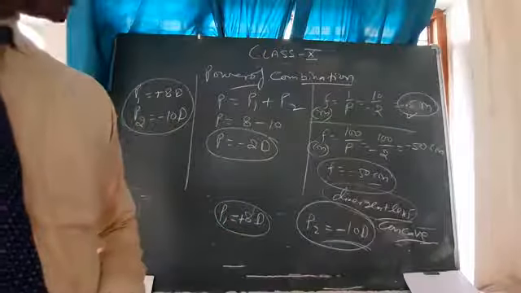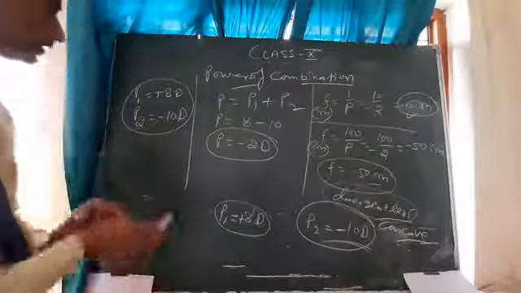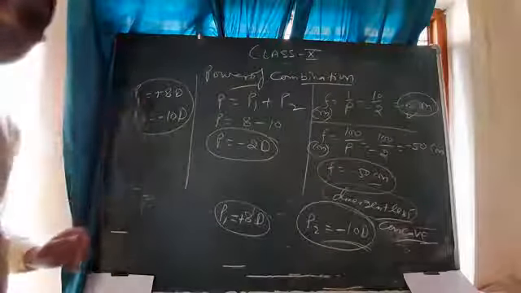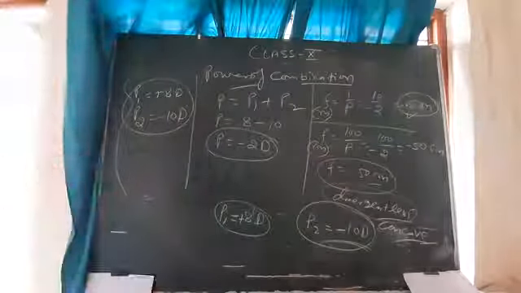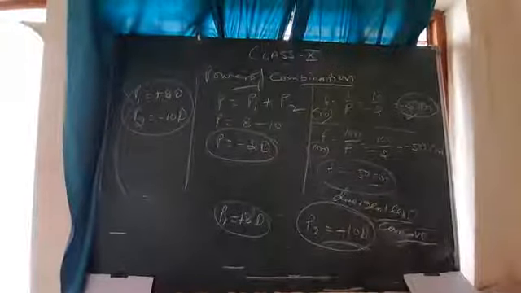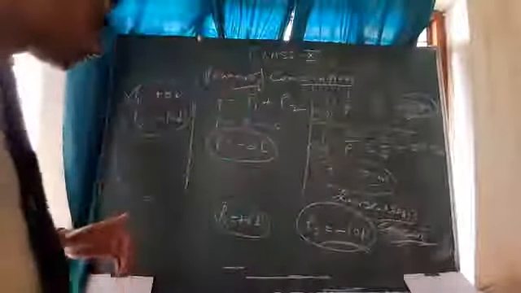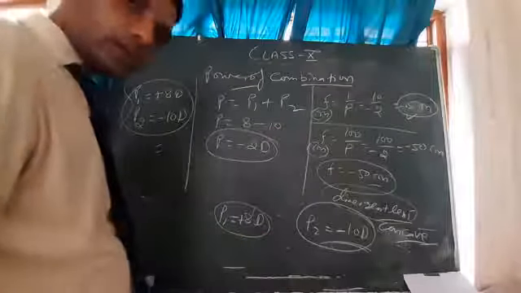So this behaves as a divergent lens. I hope you understand the numerical. I hope you can solve this numerical. Now I am going to take another numerical based on this concept. Okay, so you can note or take a screenshot of this.